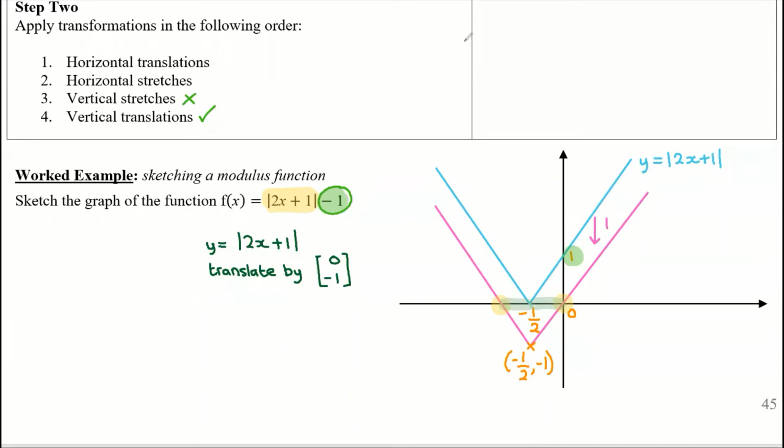Okay, so that's going to be the point -1 there. All right, and we'll label that graph as required. So this is y is equal to the modulus of 2x plus 1, but it's been shifted down by 1, so we put a -1 on the end. Okay, so I hope that's clear. So let's move on and do some more examples.